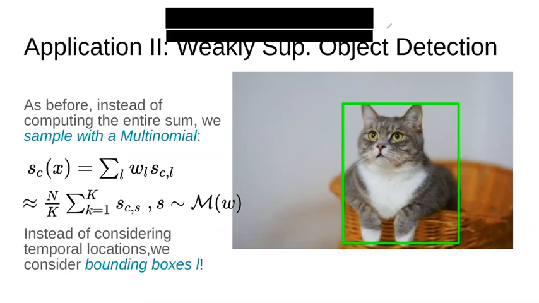So in practice, it's the same approach as before, but here instead of localizing something temporally, we localize something spatially. So each bounding box will have a weight, and we will sample from the bounding boxes that have the highest weight.